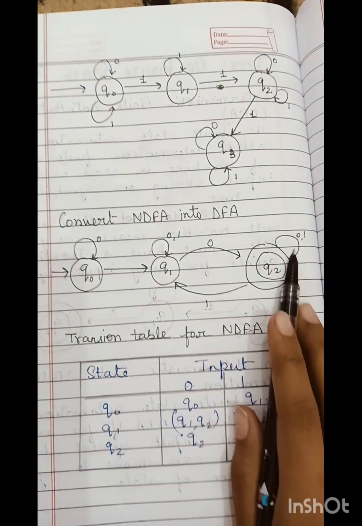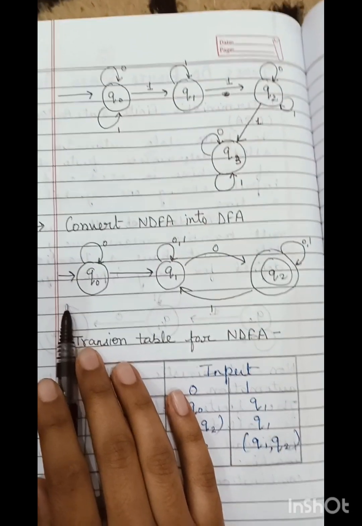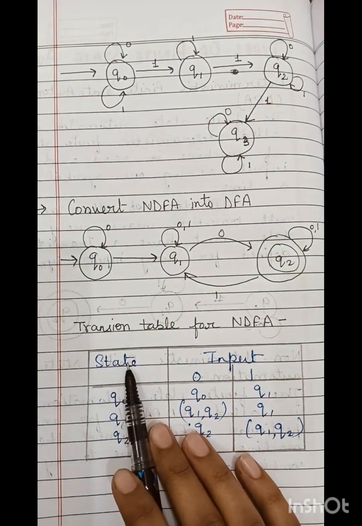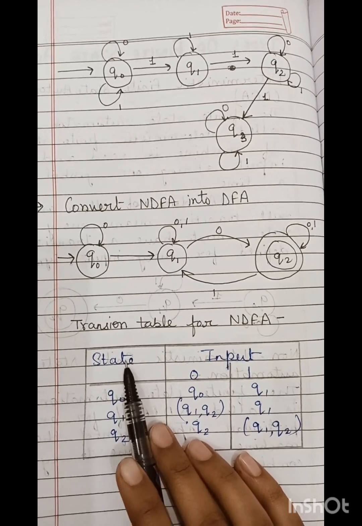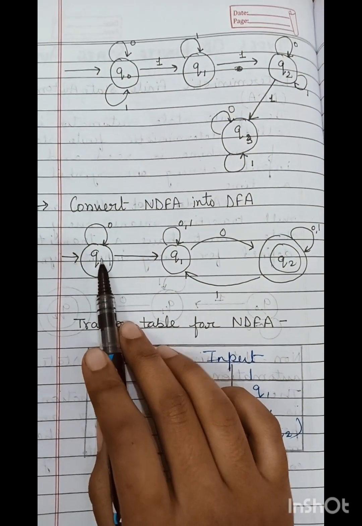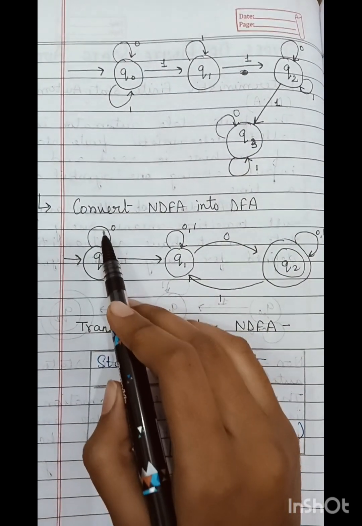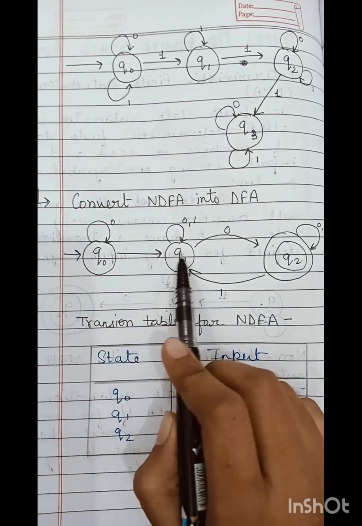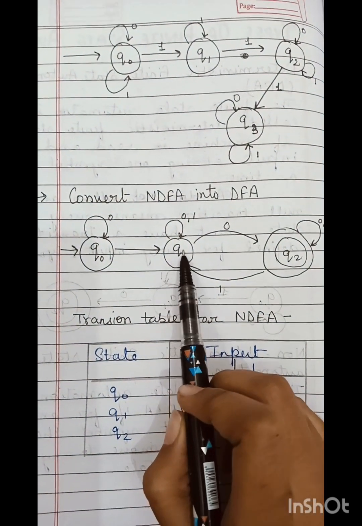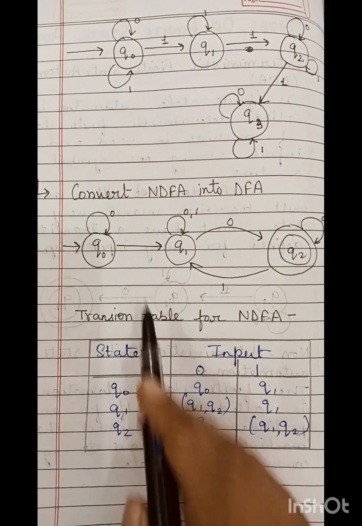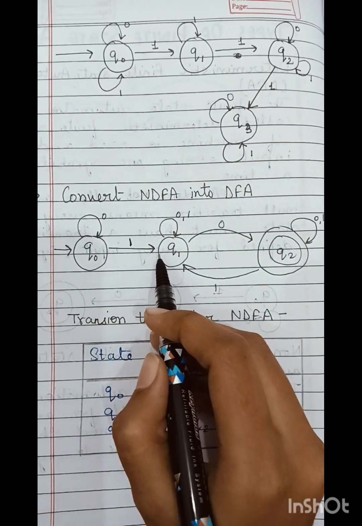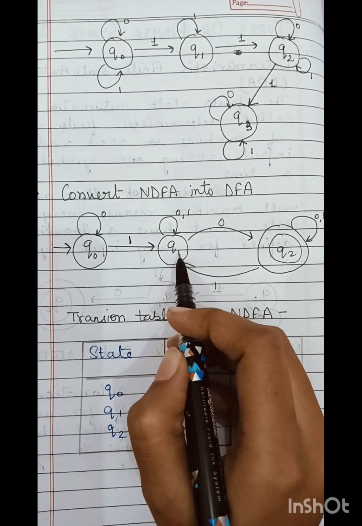So for example, we will take this diagram, and first from this transition diagram we will draw the transition table. In this transition diagram, Q0, when it gets the input 0, gives Q0, and when it gets 1, it gives Q1.